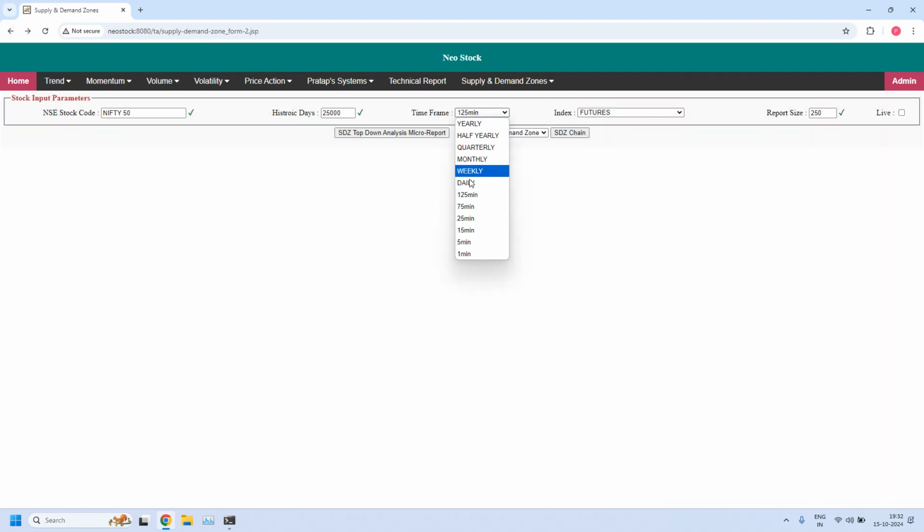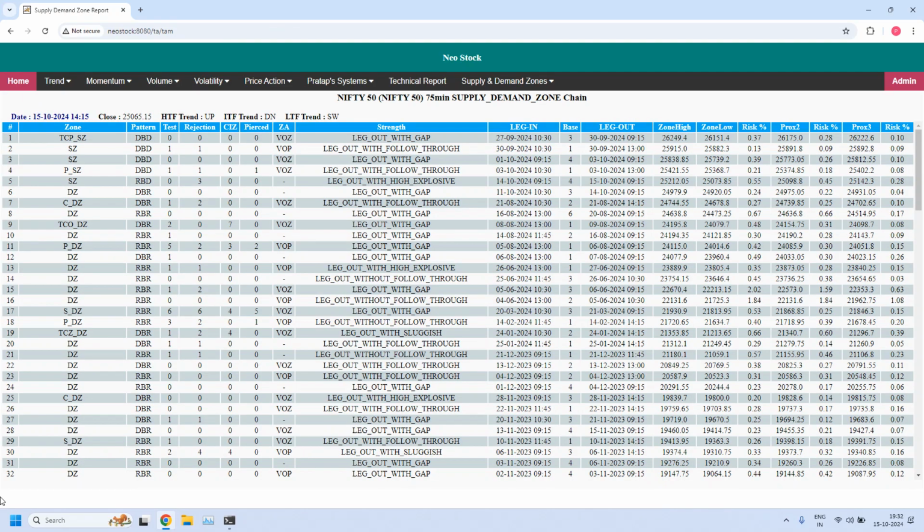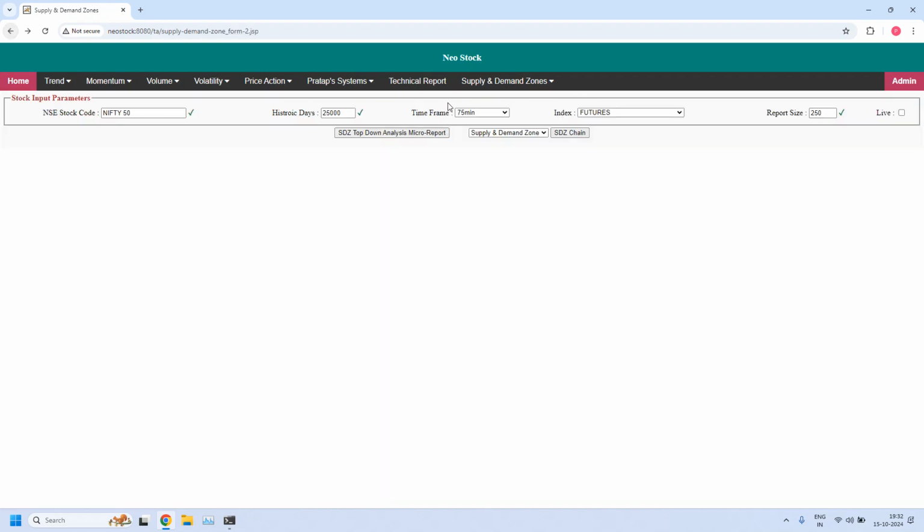Next time frame is 75 minutes, generating 75 minute supply demand zone chain for Nifty. Next time frame is 25 minutes, generating 25 minute supply demand zone chain for Nifty.